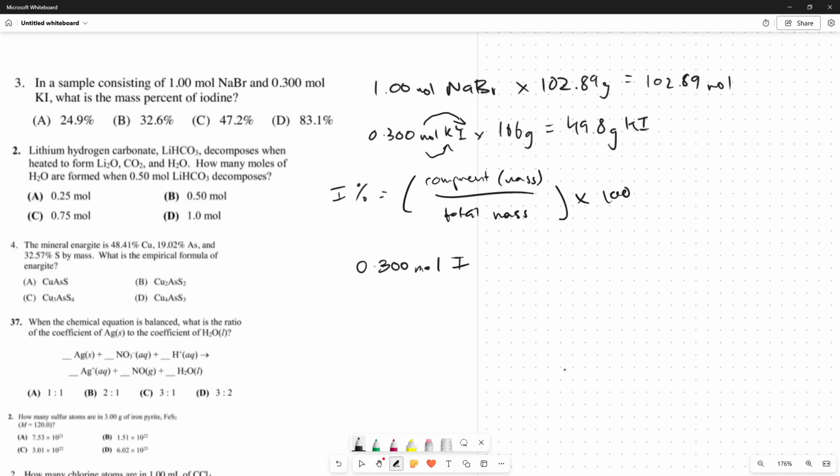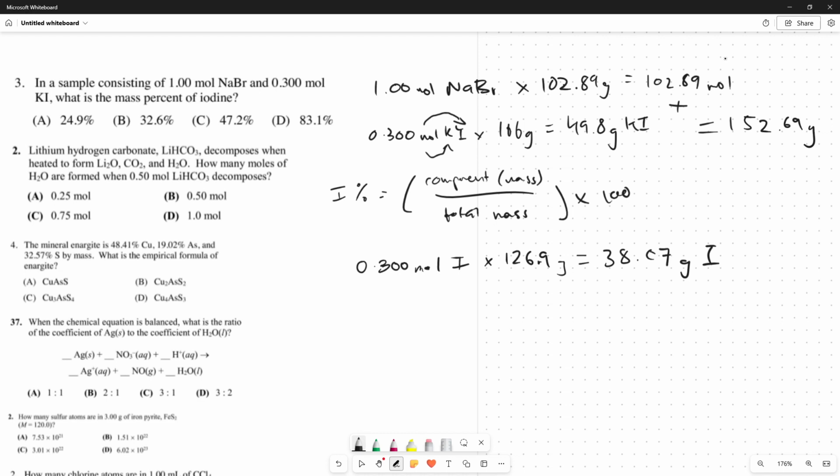The molar mass of iodine is 126.9, and that's going to be equal to 38.07 grams of iodine. Now we have to find the total mass, which you can find just by adding these up. Once you add those up, you get 152.69 grams, and that's going to be our total.